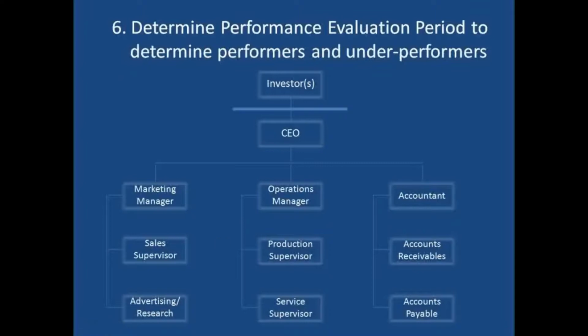And then number 6, you need to determine a performance evaluation period. That is when you call them together and do performance evaluation. This can be every quarter. Here is where you determine who is performing and who is underperforming. For those that are performing, there may be some reward. For those that are underperforming, you find out why. Is it because of a skill gap or knowledge gap, or is it something else?